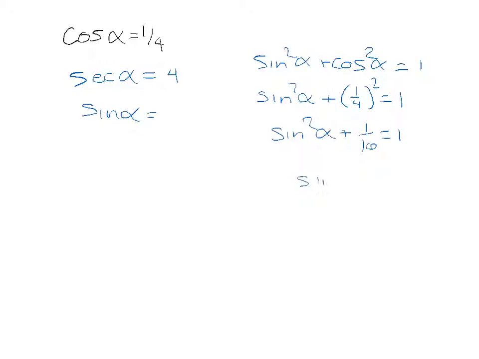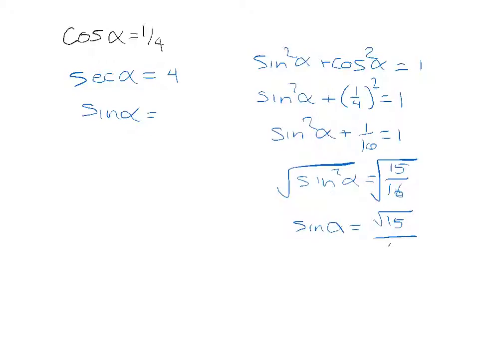Subtract 1 over 16. Am I going too fast? I know if you're trying to copy, it might be going too fast. Okay, so I subtract it from 1, and now I have to square root both sides. So sine of alpha equals, 15 doesn't have anything that you can square root, so that stays the same, and the square root of 16 is 4.